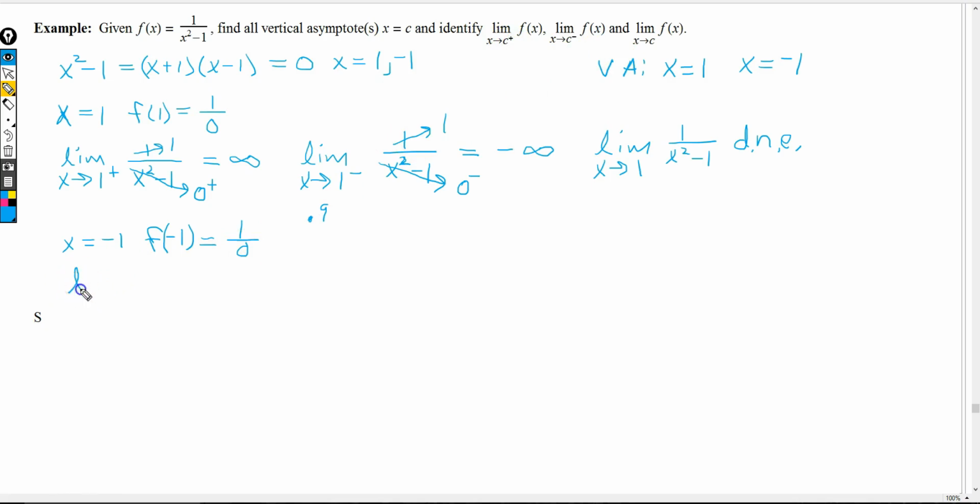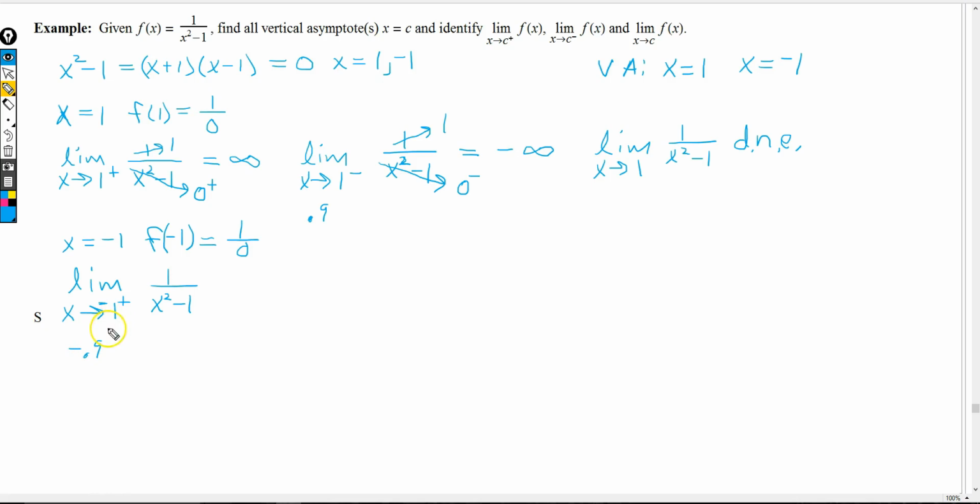So if I look at the limit as x approaches -1 from the right, now if x is approaching -1 from the right, that means it's going to be taking on values like -0.9. You have to be careful here. Okay, -0.9 is to the right of -1.